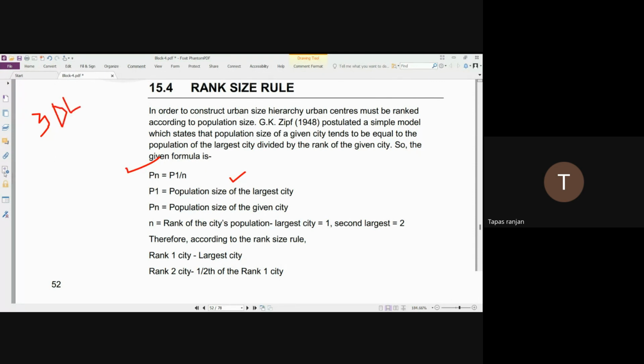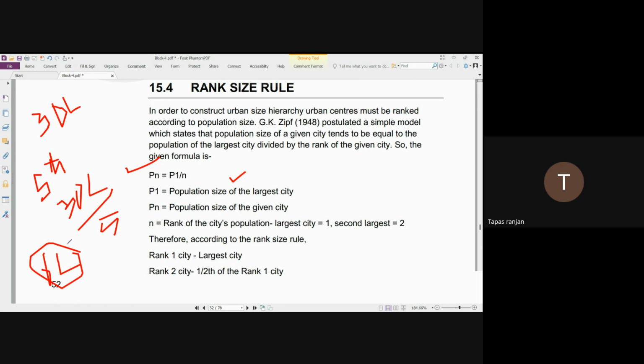Now let's suppose the population of the largest city is 30 lakhs, and you want to find the population size of the fifth largest city of that region or of that country. So according to Zipf, you can simply put this formula, which is basically 30 lakhs divided by 5, which will be 6 lakh.